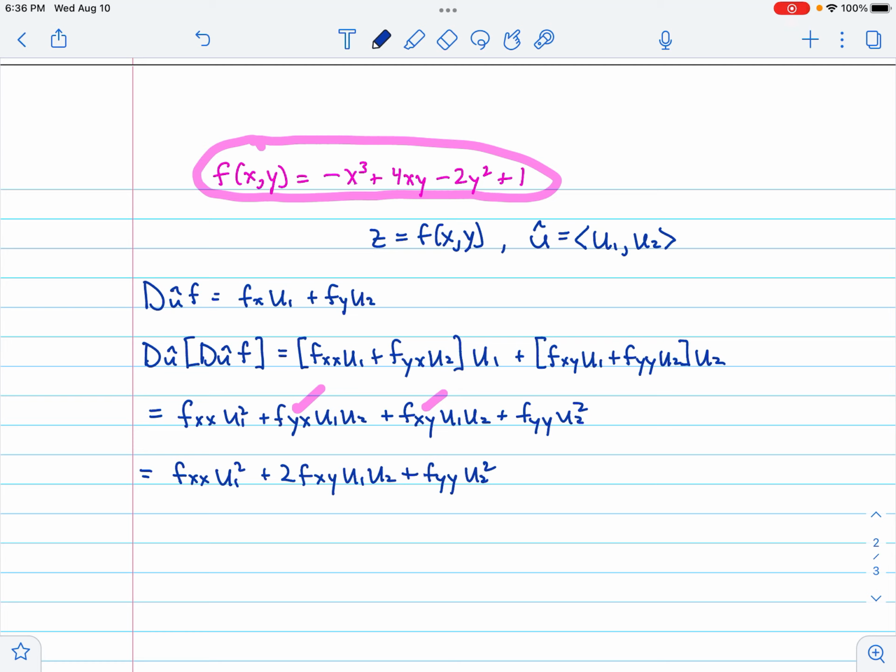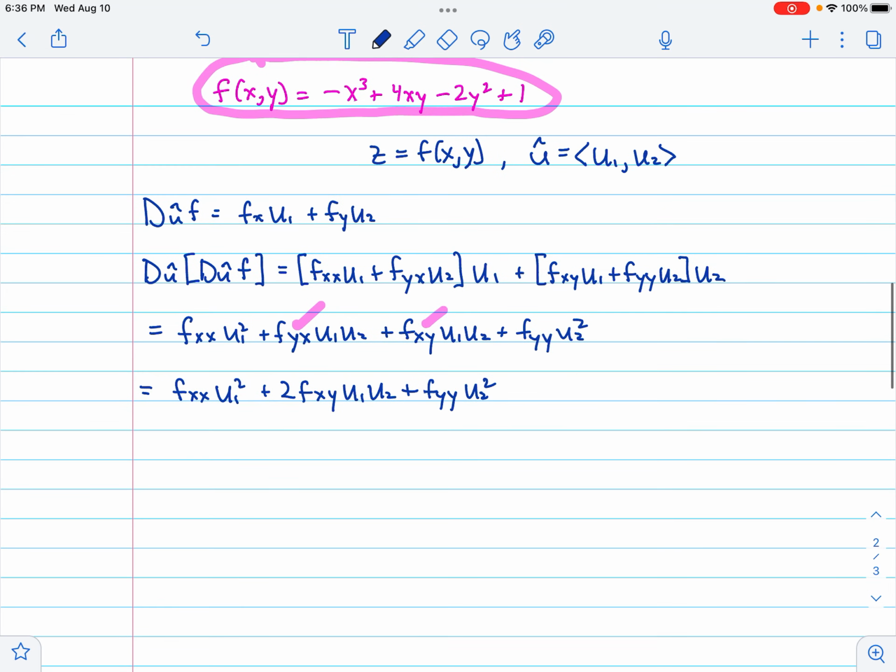Now, I know where I'm going with this, so I'm going to do a little something here that may not be obvious, but it's just a little trick that's going to get me where I want to go. I'm going to factor out a u2 squared. Now, what do I have left? I have fxx times u1 over u2 squared.